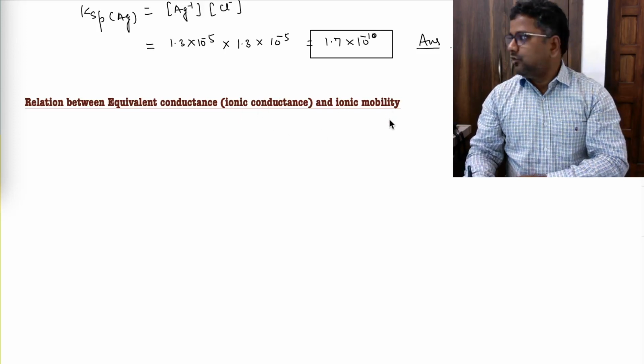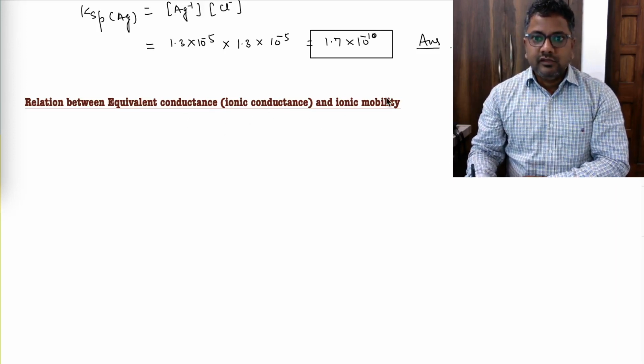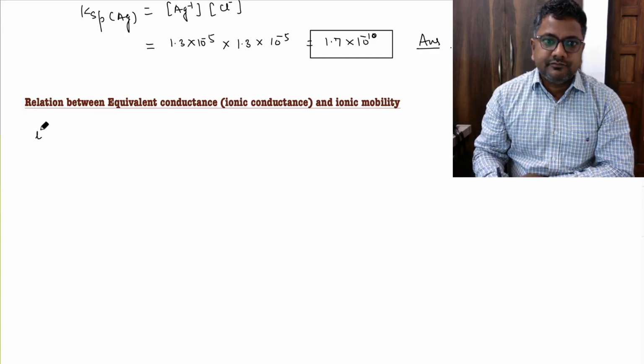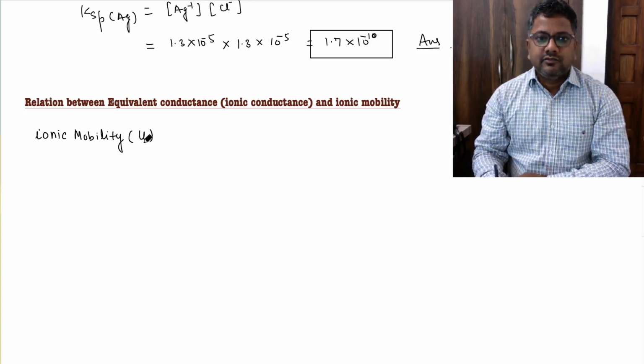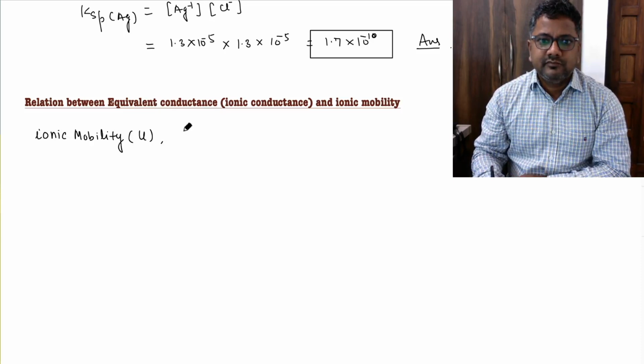Ionic mobility is represented by U. And equivalent conductance, all of you know, is lambda EQ.